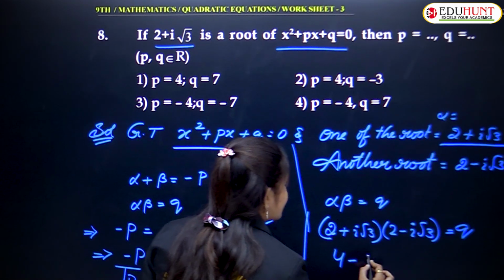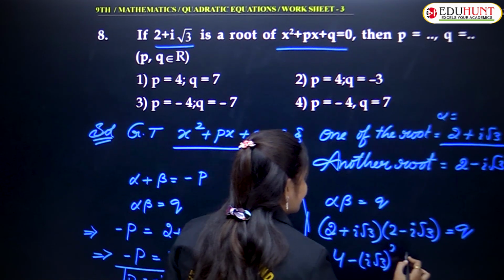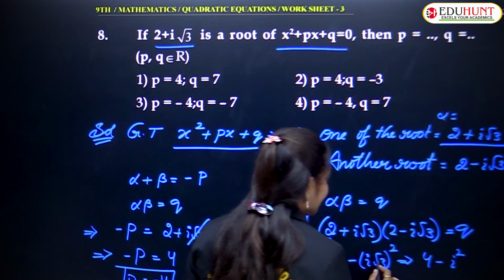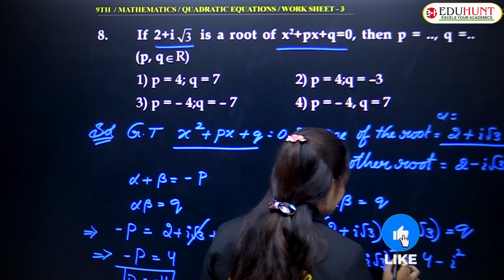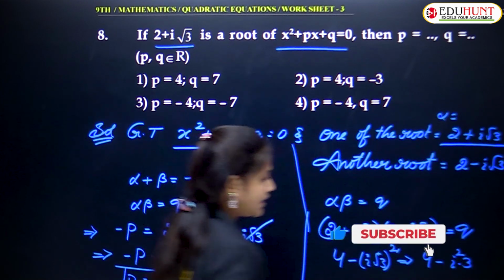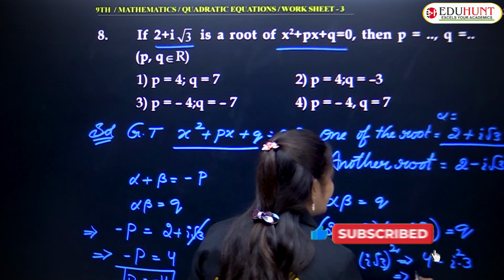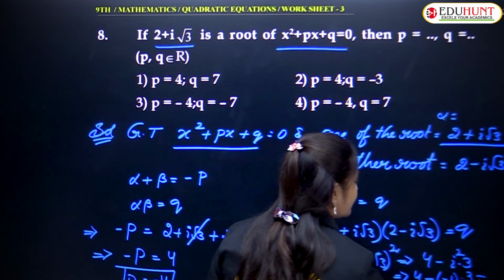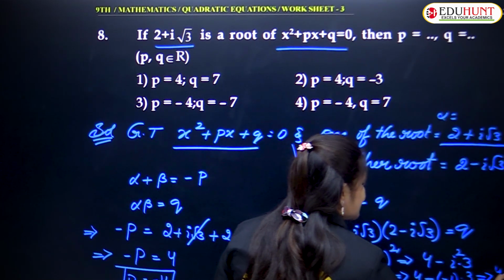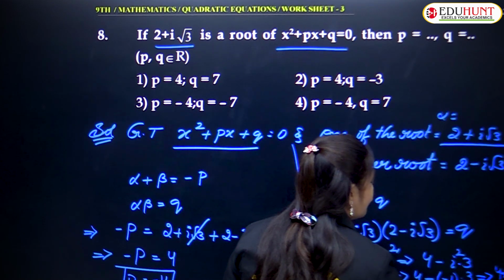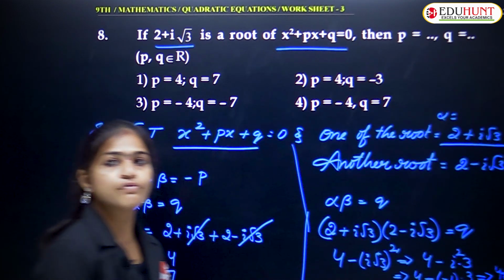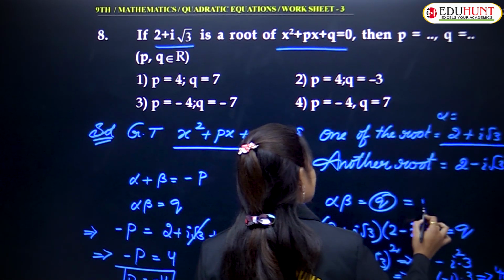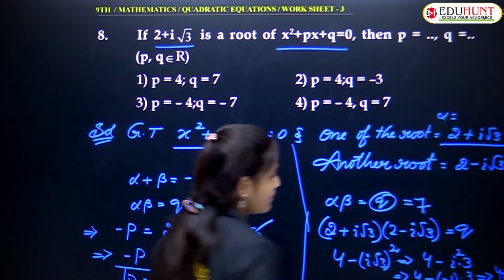So 4 minus i root 3 whole square, which is 4 minus i square into 3, since root and square get cancelled. Here i square means minus 1, so 4 minus of minus 3, so 4 plus 3 is equal to 7. So that is the value of q. So alpha into beta is equal to q, which is equal to 7.